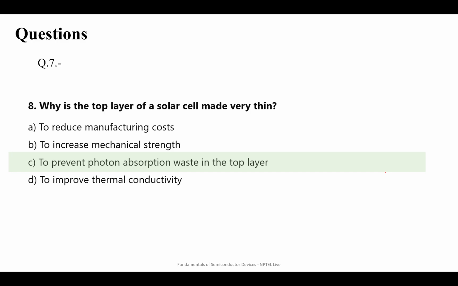So you want the thickness of your top layer to be less, so that there is less absorption in the way, and most of the absorption is then in the depletion layer. Okay, sir.